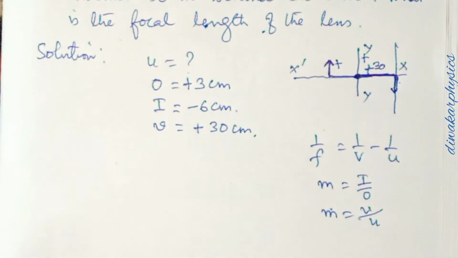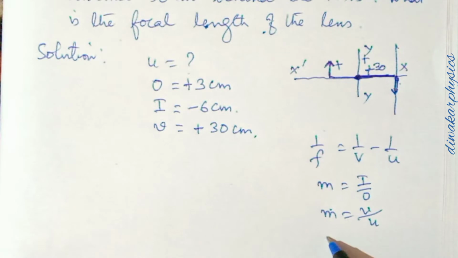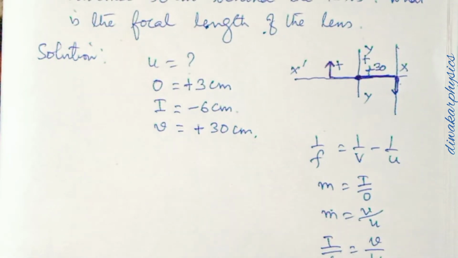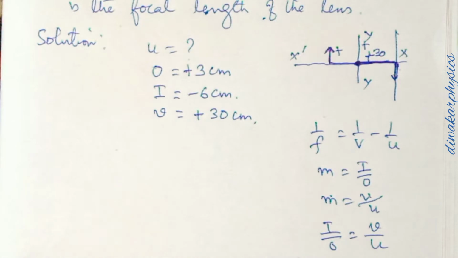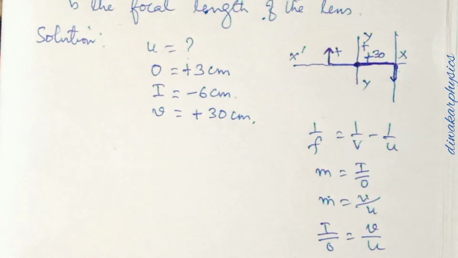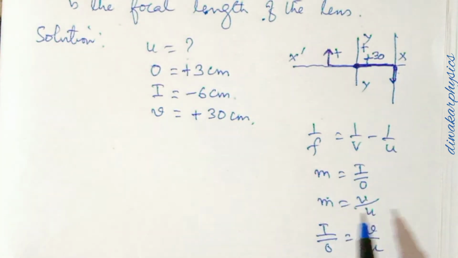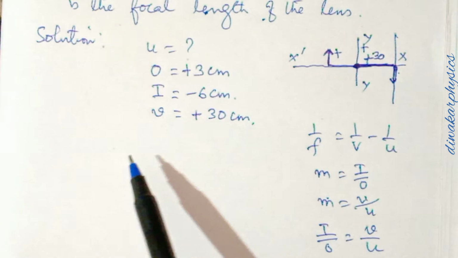That's why we can use the formula I/O = v/u. This formula can be used here because the image length and object length are given. So I'll use this formula for this part.